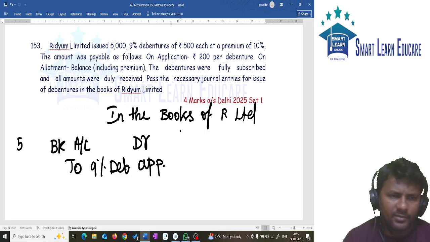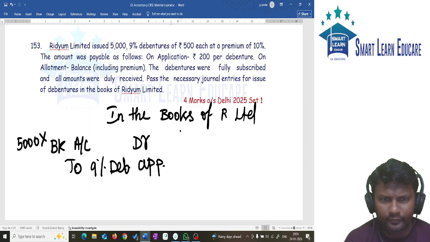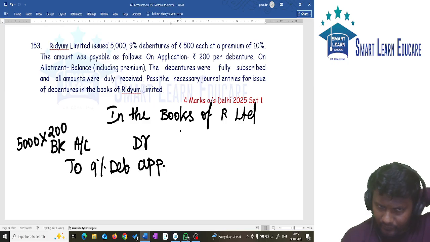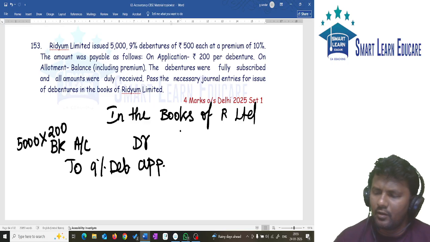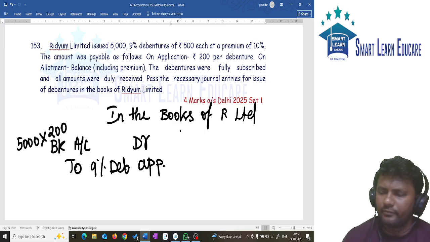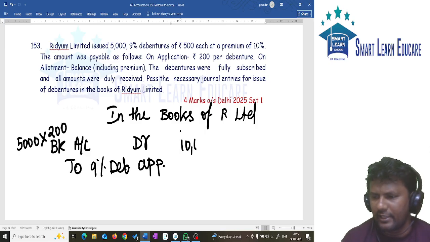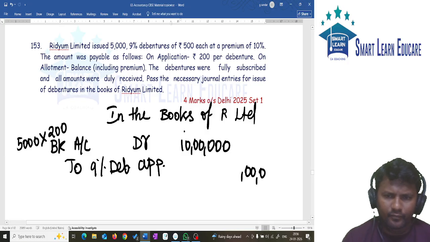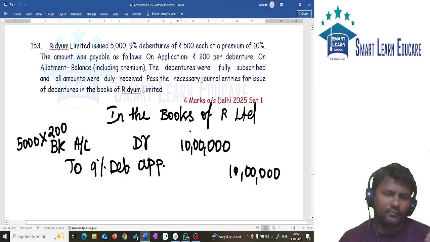How many debentures? 5,000 debentures into face value, which is 200. 5,000 into 200 is 10 lakh. First entry over.